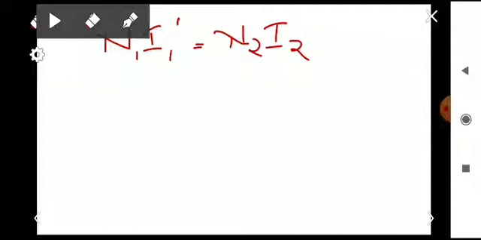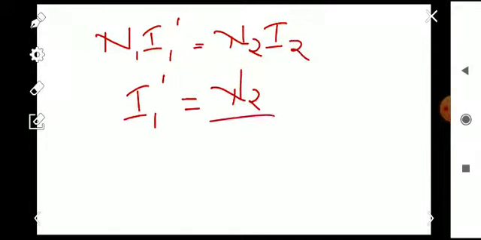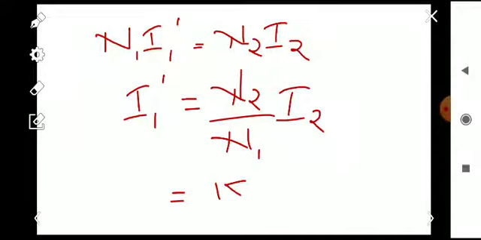So we can equate them together, and from that we get the equation for I1 dash as N2 by N1 into I2. This N2 by N1 we call the transformation ratio, normally denoted by the letter K, and it is K into I2. So I1 dash will be equal to K into I2.